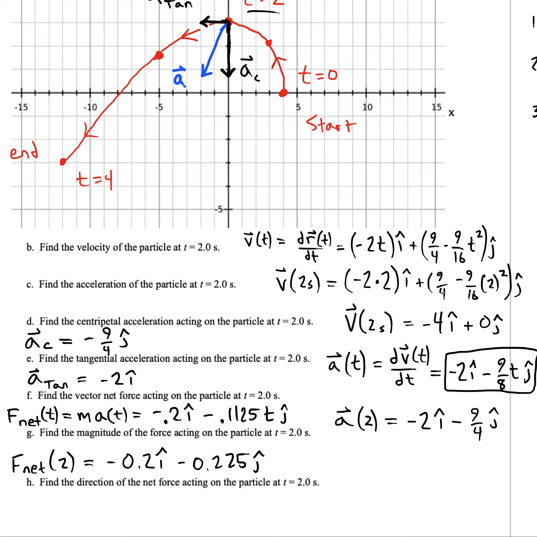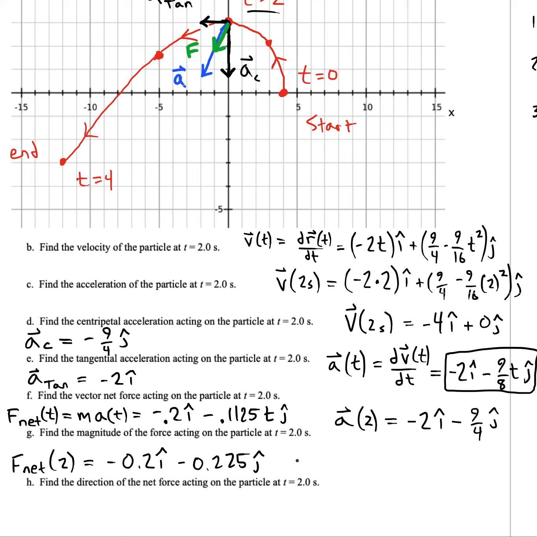They're going to have the same vector direction because it's just a scalar mass times the acceleration. So our force will just point in the same direction as a. So that could be F. I increased the scale of it. It should be much smaller, but that's too small to draw.